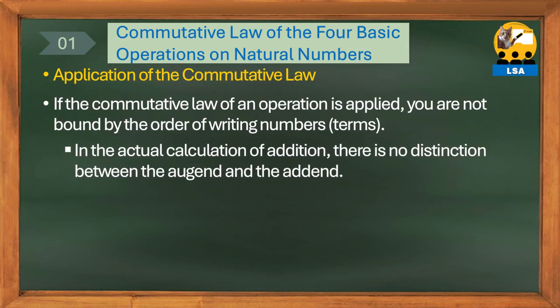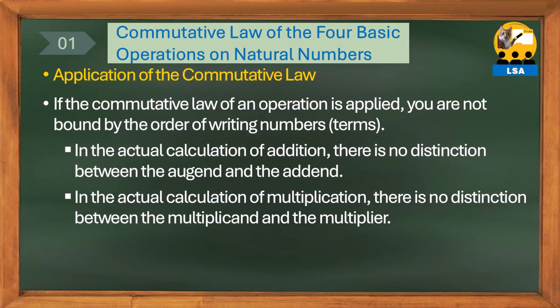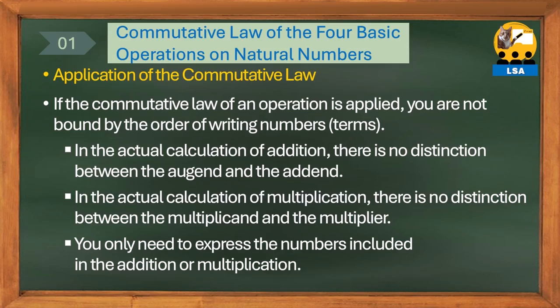In the actual calculation of natural number addition, you can write the augend and the addend in any order without distinguishing them, and in the actual calculation of multiplication as well, you can write the multiplicand and the multiplier in any order without distinguishing them. You just need to write the numbers included in the addition or multiplication anywhere.